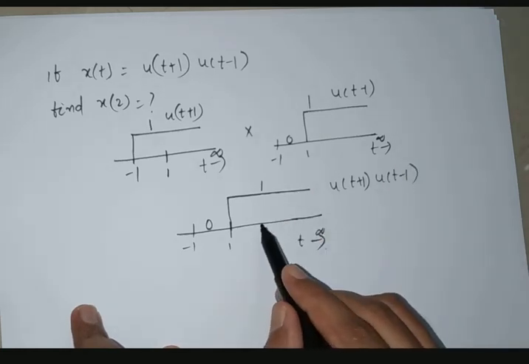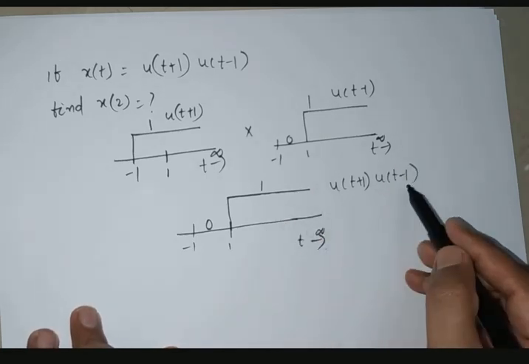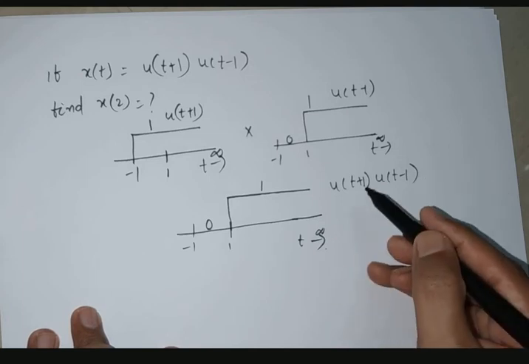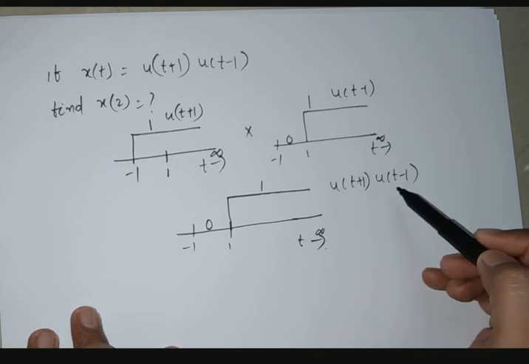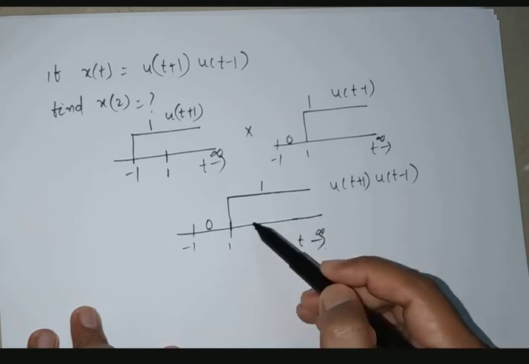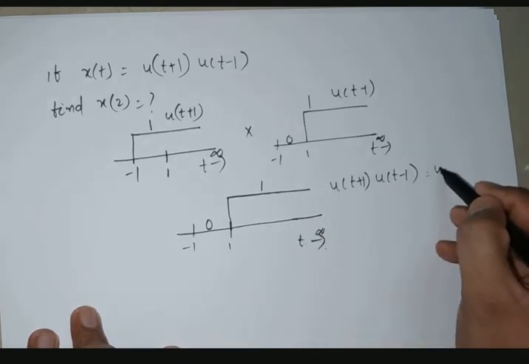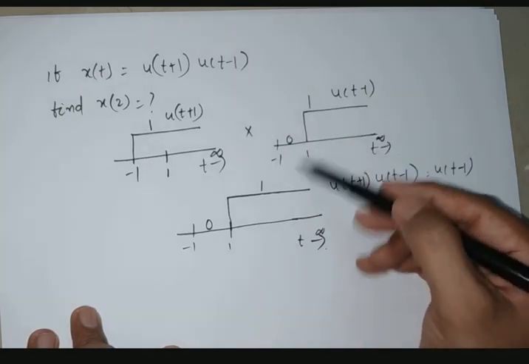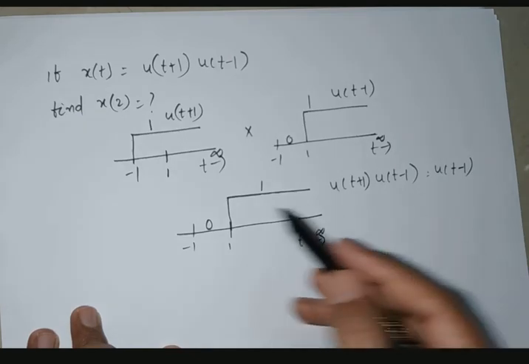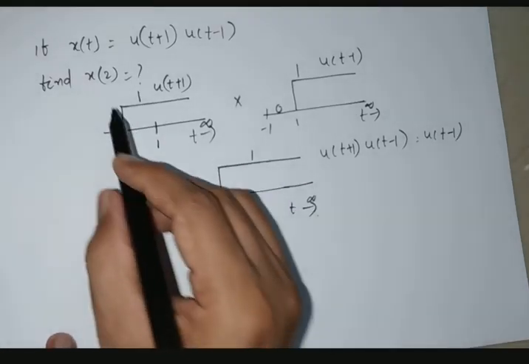If you see this output, u of t plus 1 multiplied by u of t minus 1, what are you getting? If you compare with u of t minus 1, you are getting it equal to u of t minus 1, because these two signals are the same. Now what is our question? Our question is to find x of 2.